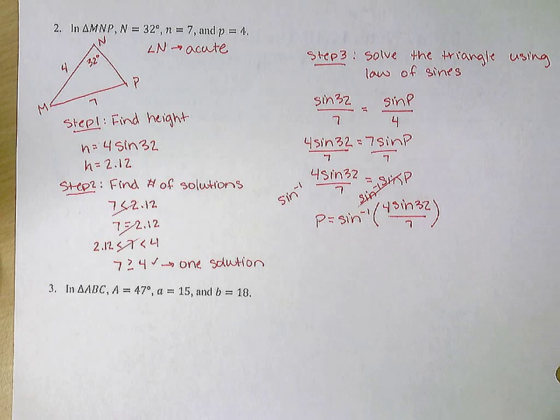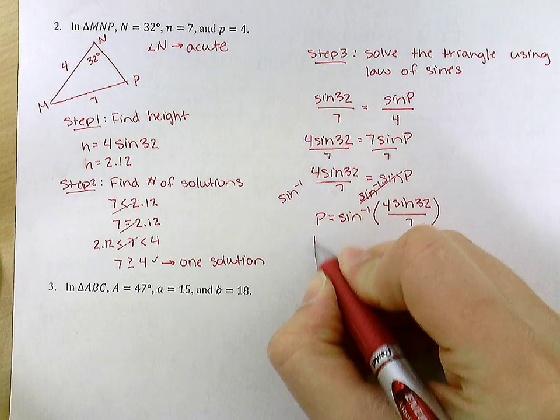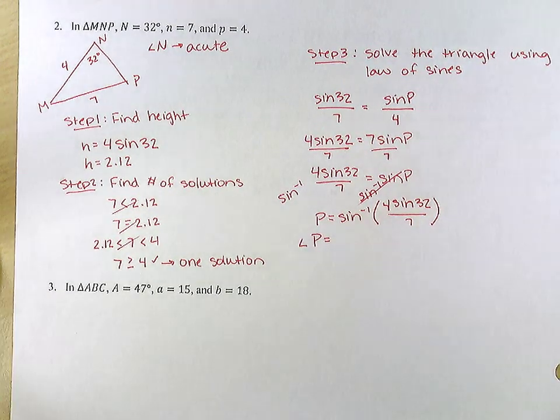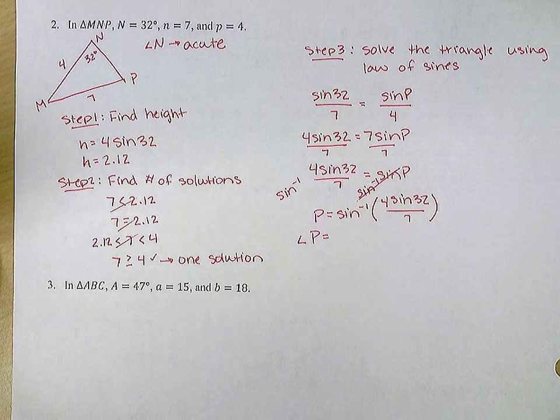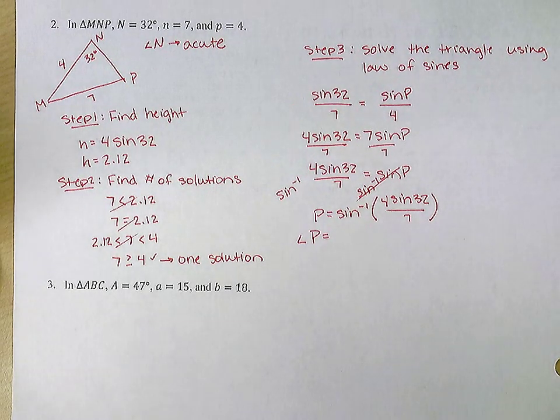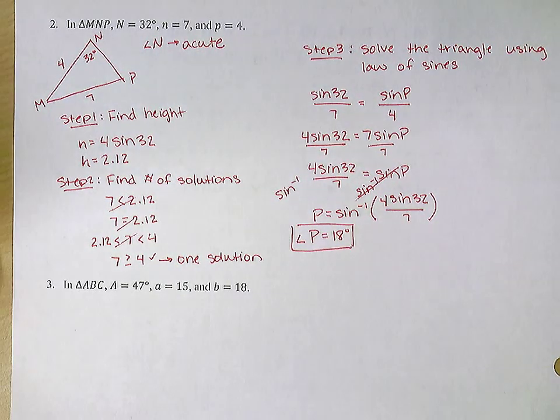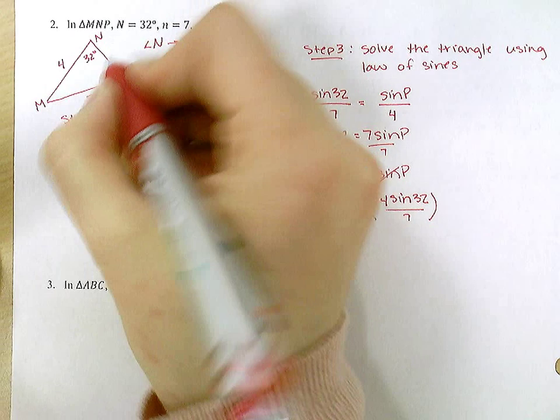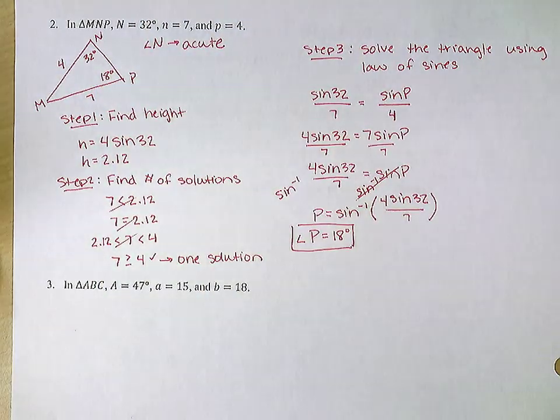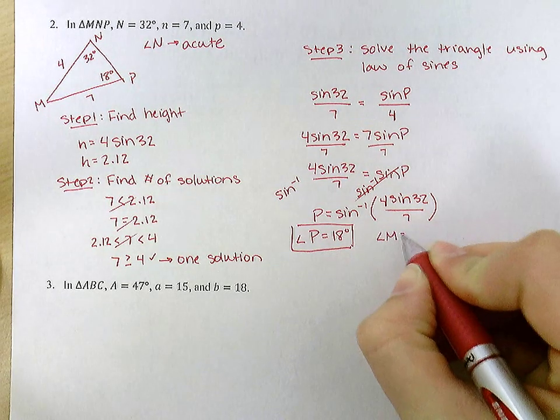Okay, so make sure you are able to enter that in your calculator. You do end up getting angle P to be 17.63. And if I round that to the nearest degree, what would that be? 18. So angle P is 18 degrees. Now if I know angle P is 18 degrees, how do I find angle M? Subtract.